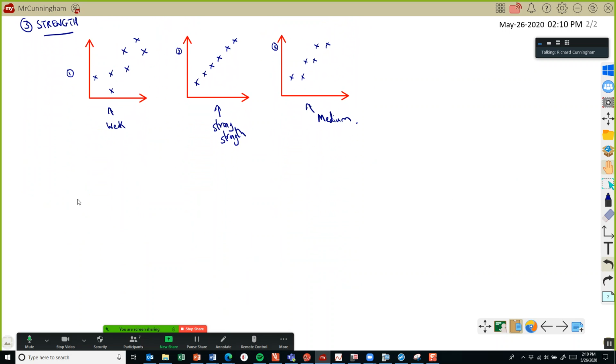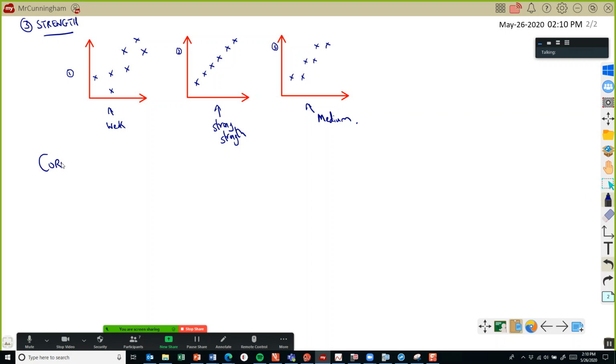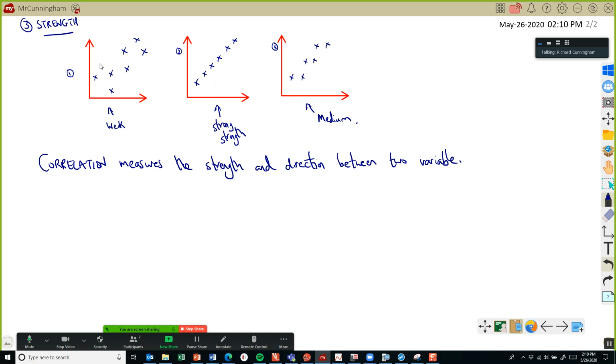Okay, so what we're going to look at today is called Correlation. Correlation measures the strength and direction between two variables. So correlation looks at both strength and direction.